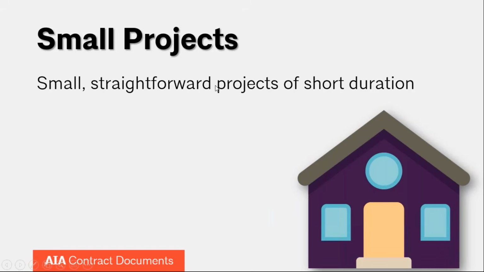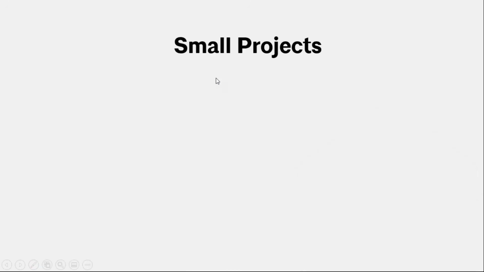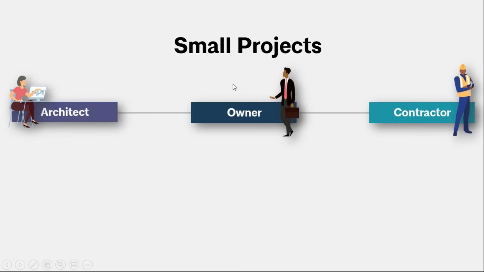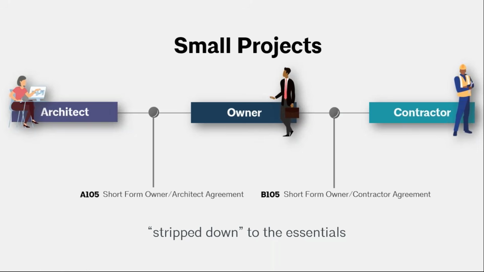It's subjective. But for this purpose, we still have documents between that owner, architect, and contractor, except we've abbreviated these documents even further. So these documents are stripped down to the essentials, basically, and these are called our short form owner architect and owner contractor agreements.